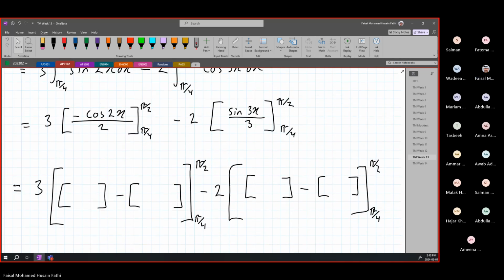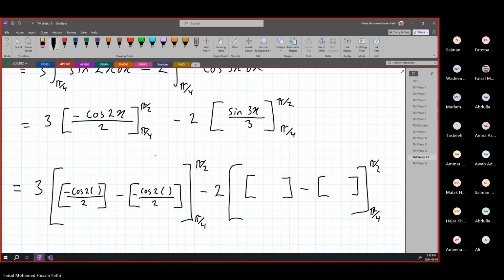Now, when we want to plug in our values, we're going to take it step by step. All right, so this is going to be minus cosine 2 times x, whatever our x value is, over 2. Same thing here, minus cosine 2 times the value of x over 2.